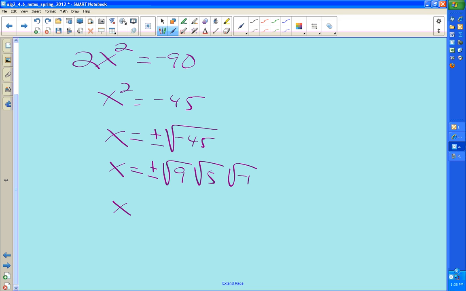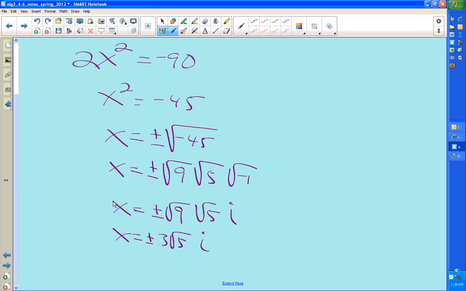I would have written the square root of 9, square root of 5, and then I would have just put the i out here. Then I would go to x equals plus or minus 3 root 5 i. Make sure this i is away from that radical.